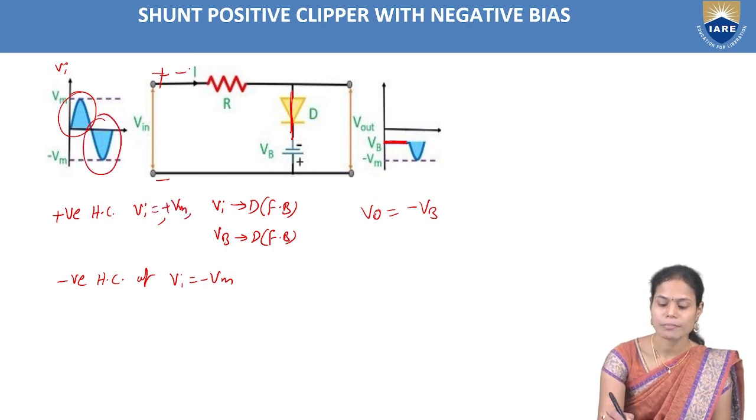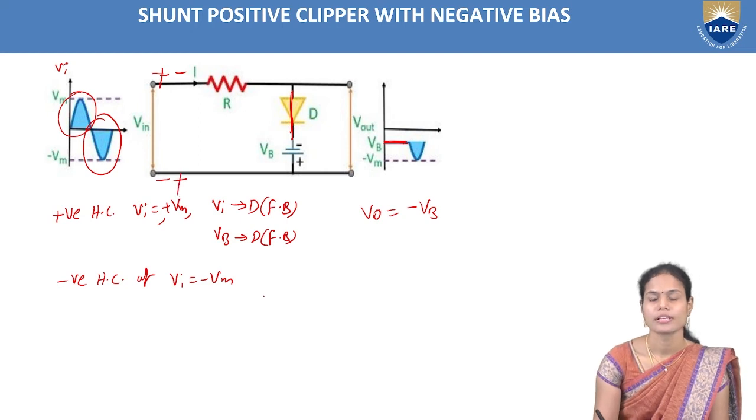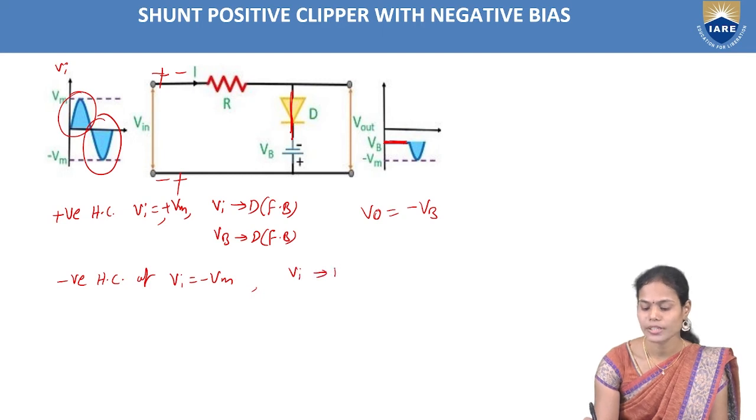In that case, here it is minus, here it is plus. In this case Vi is making the diode go into off state, and Vb is making the diode go into on state.